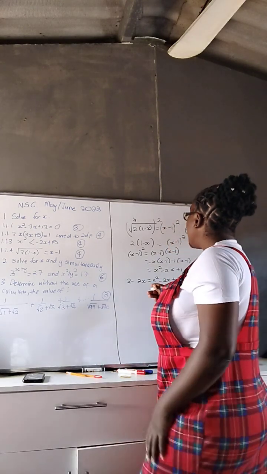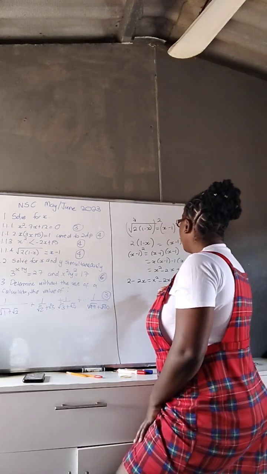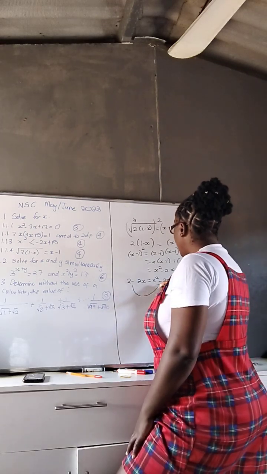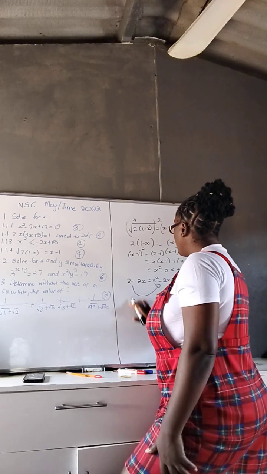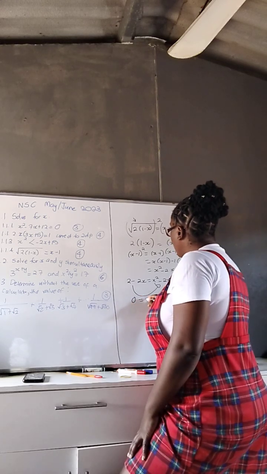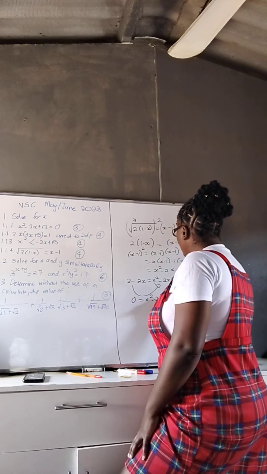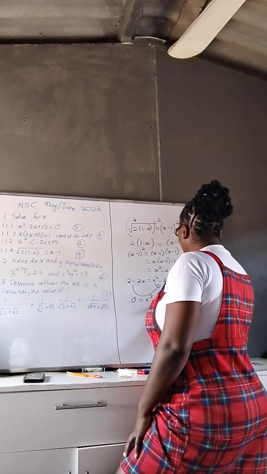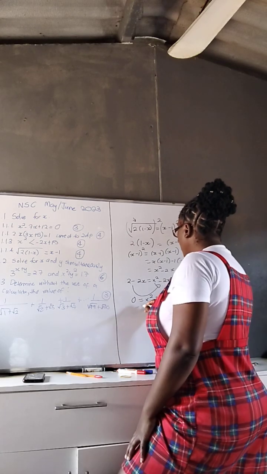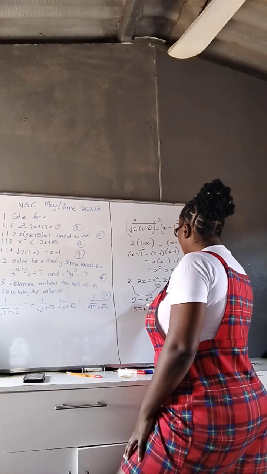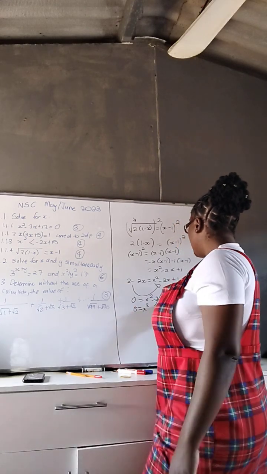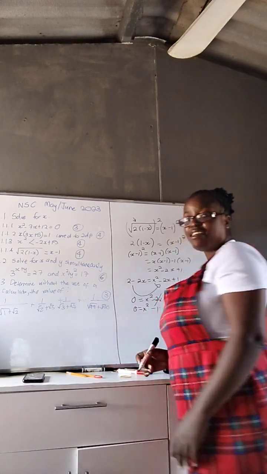Here we are going to take this to that side, so it's going to be 0 equals x squared minus 2x plus 1 plus 2x minus 2. So 0 equals x squared. This one and that one cancel. 1 minus 2, that's negative 1.